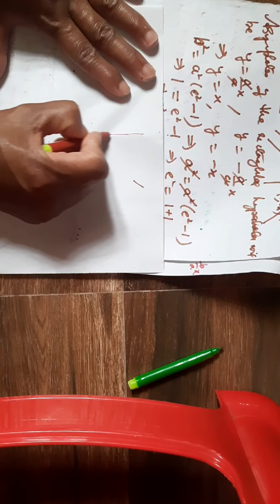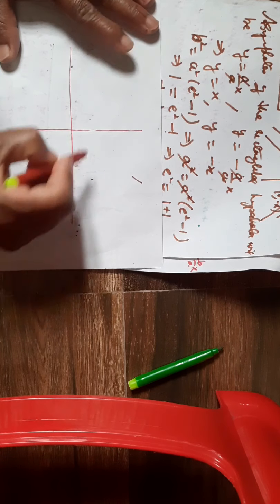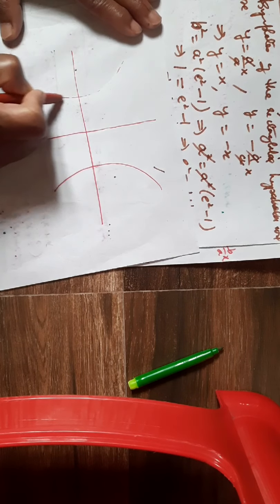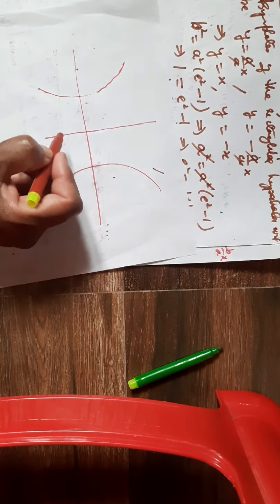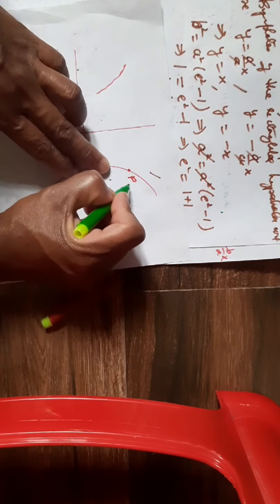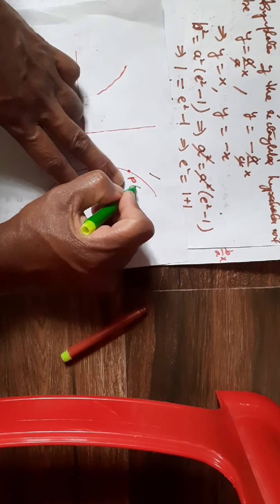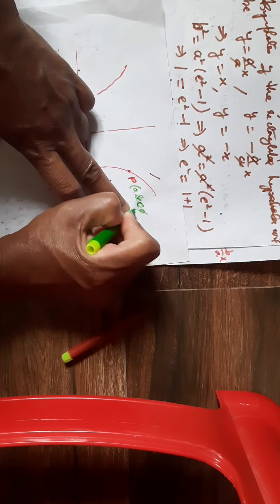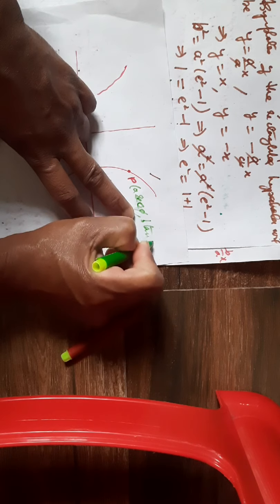This one, let us draw it. Now take a point P on this hyperbola, whose coordinate, we know that the parametric coordinate of any point on the hyperbola, is given by a secant phi, b tan phi.